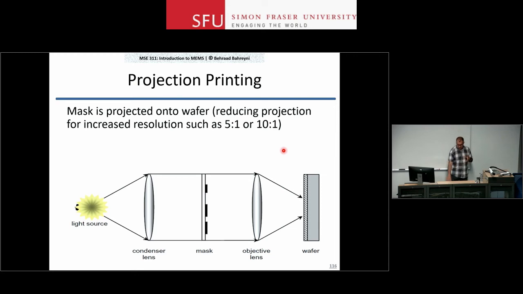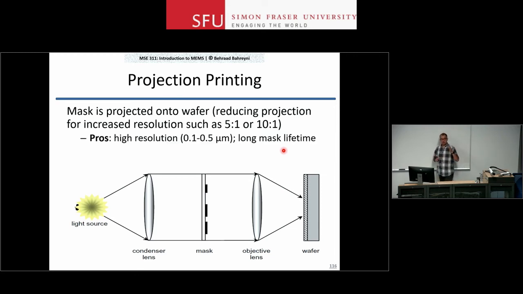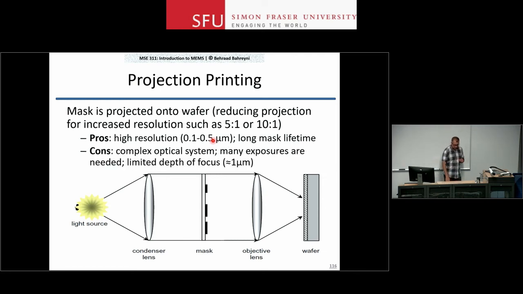Now, the advantage is obvious. We can get a high resolution here, right? So if you have 1 micron features on your mask, now you can get 0.1 micron features on your wafer. So this is an obvious advantage. Obviously, the mask is separated from your wafer, so therefore the lifetime of the mask could be much longer than contact printing.